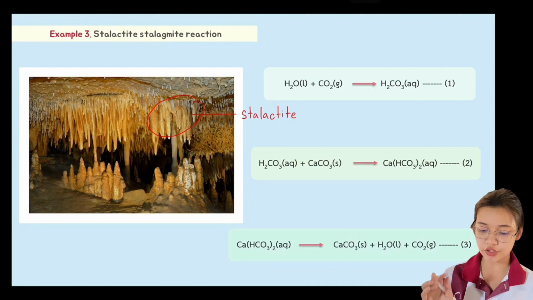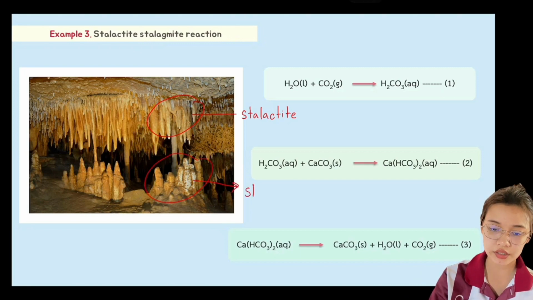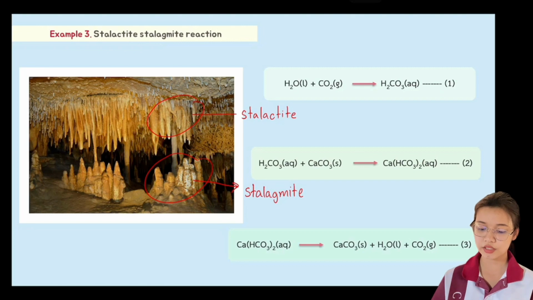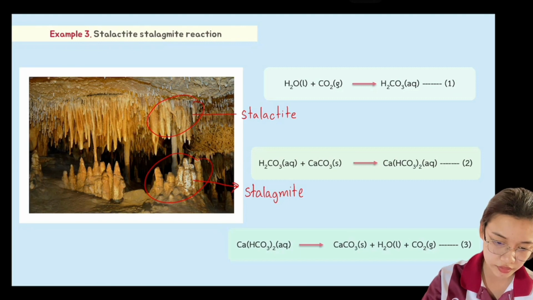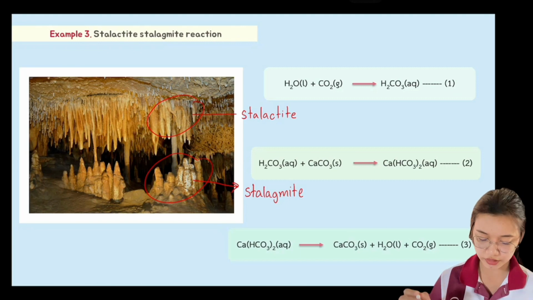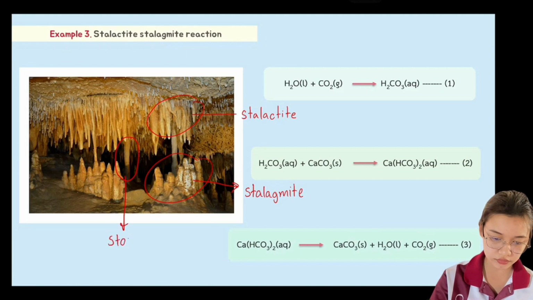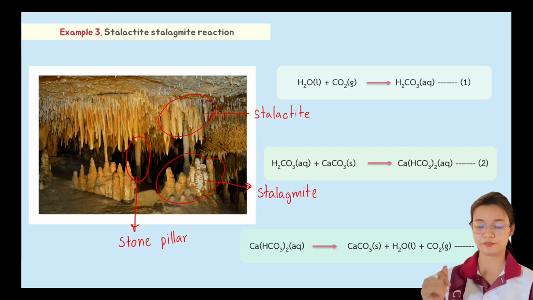Similarly, if a solution of calcium bicarbonate falls towards the cave floor as water evaporates, it forms stalagmite. If both stalagmite and stalactite occur in the same position, as in the picture, when they converge, it will form the appearance of a stone pillar in the cave.